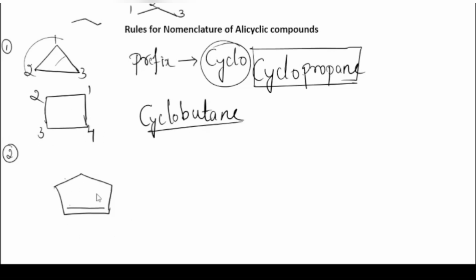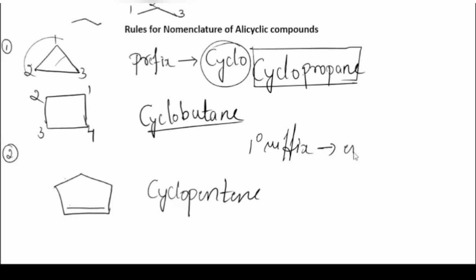Here also the cyclic structure is there with one unsaturation, which means we have to write pentene, correct? We have to observe that the primary suffix for a double bond has to end with ene. That's why here I have written cyclopentene.